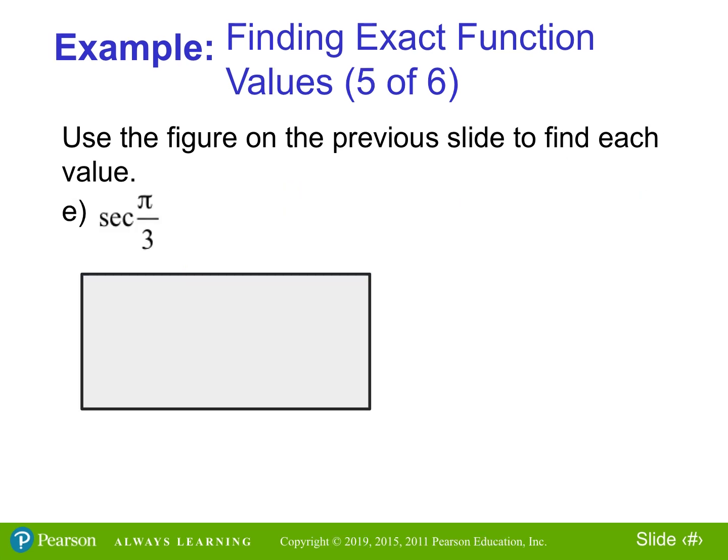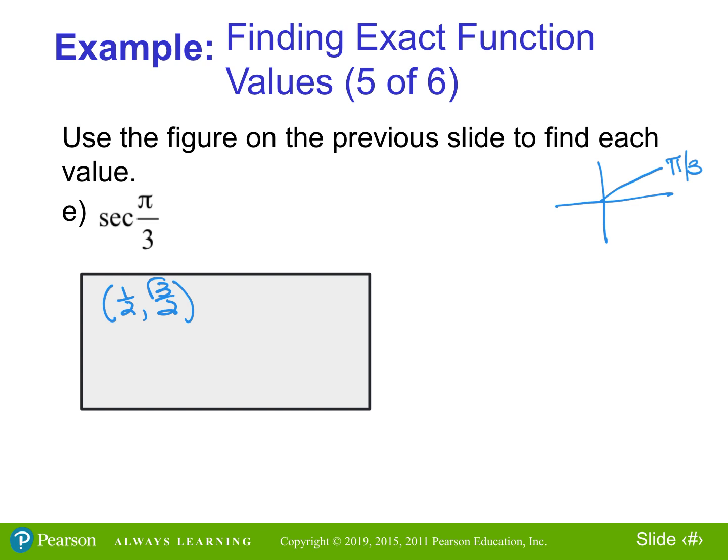Now for part E, which is our final part for this example, we actually are going to take the secant. But I still want to know where the pi over 3 occurs. Pi over 3 is actually in the first quadrant, and because it is a pi over 3, I know that I'm going to have 1/2 and the square root of 3 over 2 for my x and y.